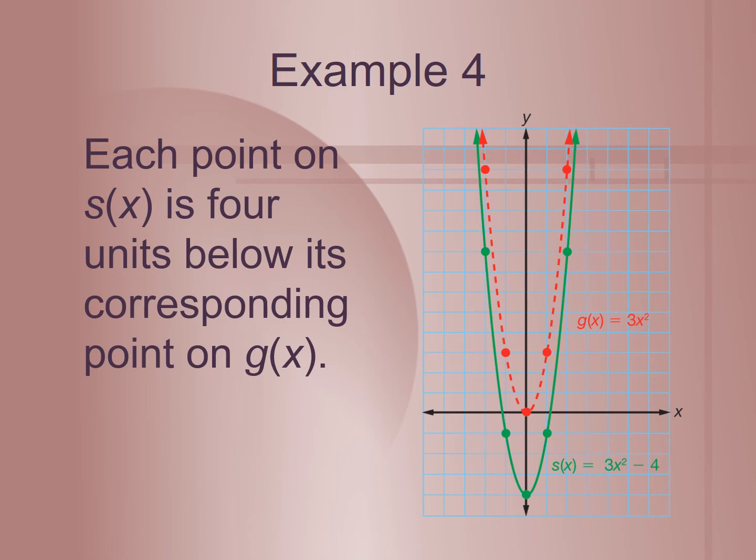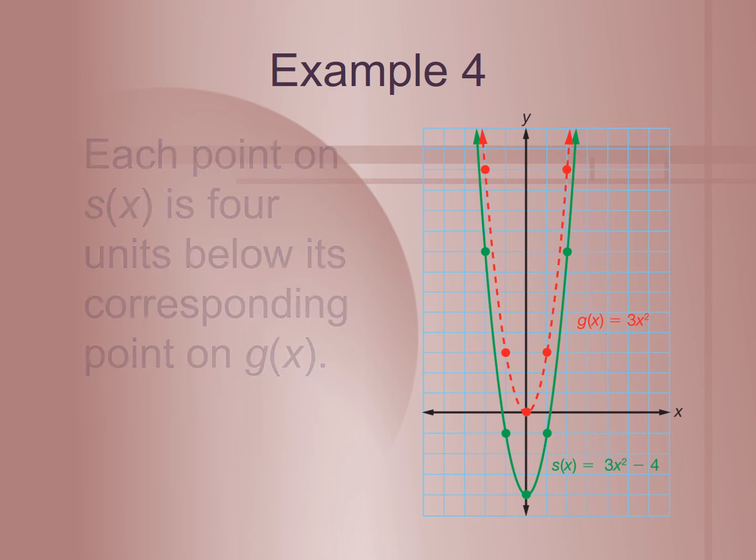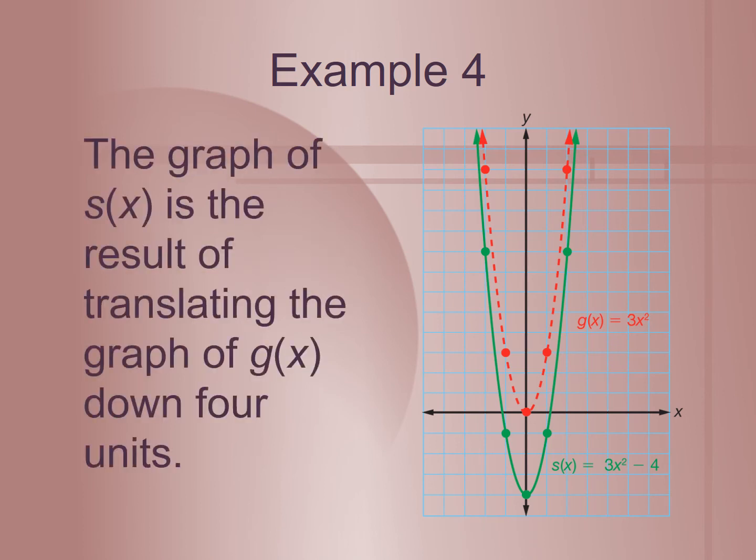And so you'll notice that our original graph, which was the 3x squared, compared to our new graph of 3x squared minus 4, it looks like everything on that new function, s of x, that s of x equals 3x squared minus 4, all of those points are 4 units below the corresponding point on the g of x equals 3x squared function. So the graph of s of x is the result of translating the graph of g of x 4 units down.